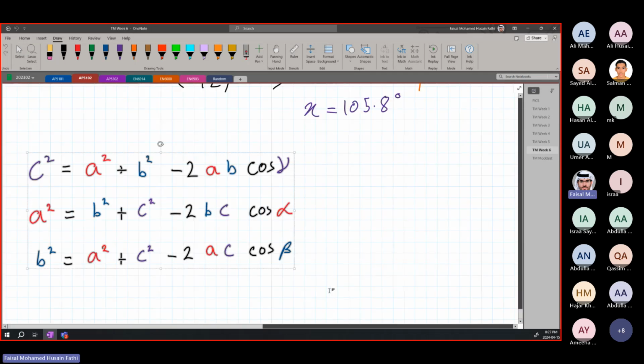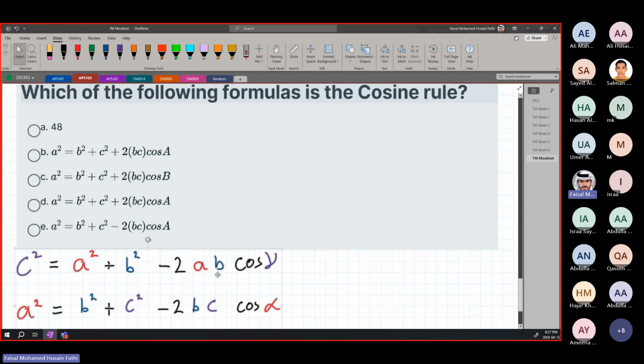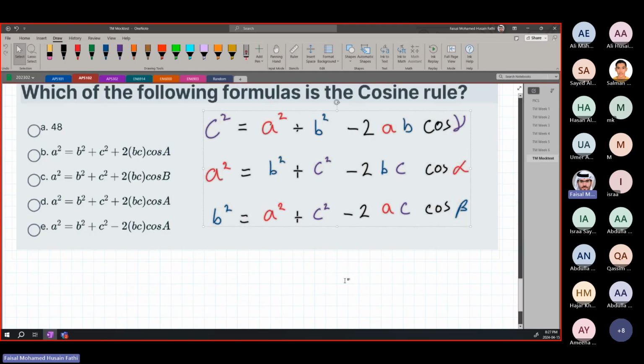We have these three things. I didn't explain this the last time, but it's the same concept. You can use cosine rule for any side. When you're finding c squared, it has to be the angle which is opposite to c. When you're finding a squared, it has to be the angle opposite to a, and when you're finding b squared, it has to be the angle opposite to b, which I called alpha, beta, and gamma. So that's what you need to make sure is correct here.